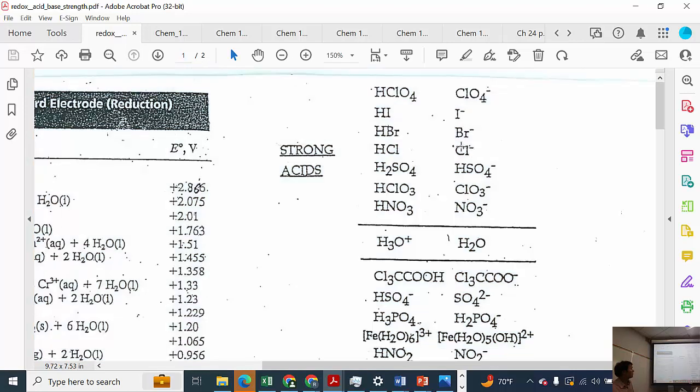What acids does chloride react with? All acids stronger than HCl? That would be downhill, wouldn't it? Oh, no, it wouldn't. Would it? All acids stronger than HCl. Yeah, that would work.